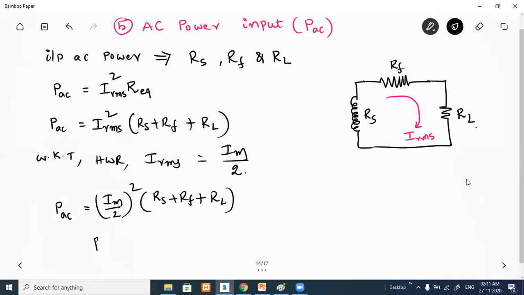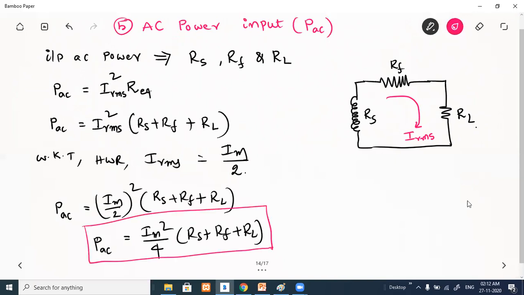So the AC input power supplied is equal to Im square by 4 into Rs plus Rf plus RL. So this is the input power supplied.